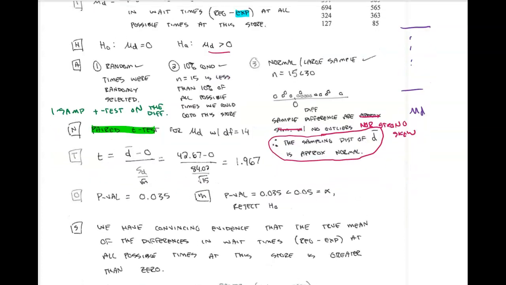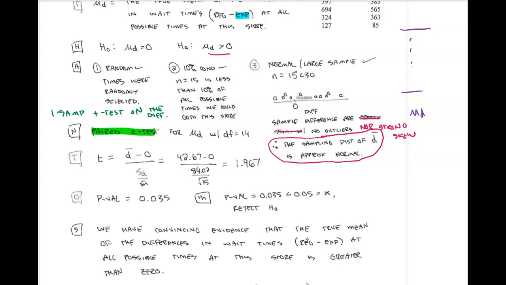There was 15 in the sample, so 15 minus 1 is 14. Here's our formula. We're at the stage of this game where we don't need to put the formula down, but there it is in all its glory. I could find these numbers and plug them in, but I'm just going to use a calculator to do this, okay? So let's calculate the test statistic, the degrees of freedom, and the p-value with the calculator.